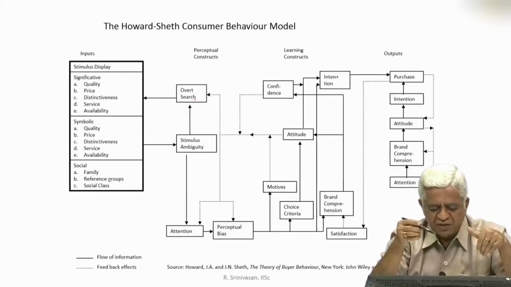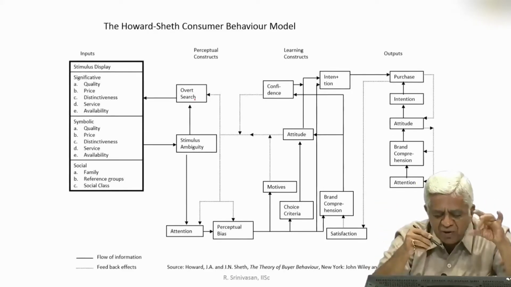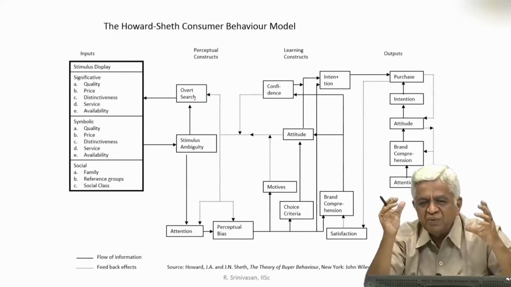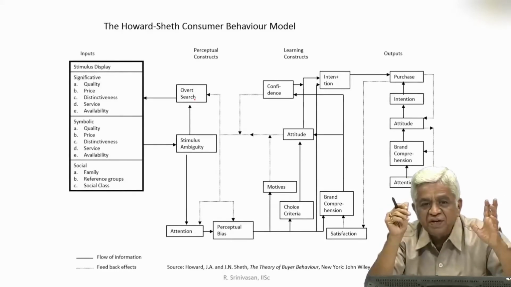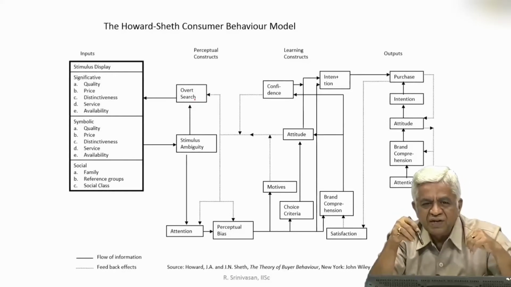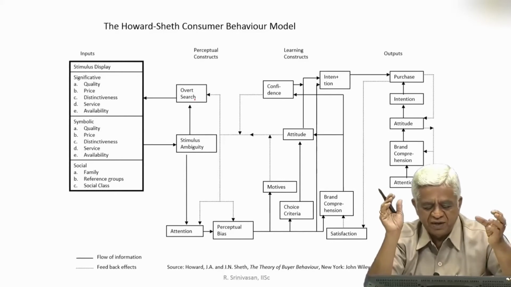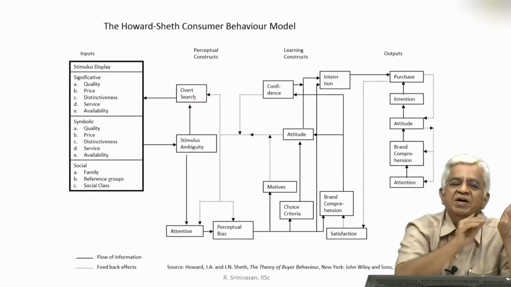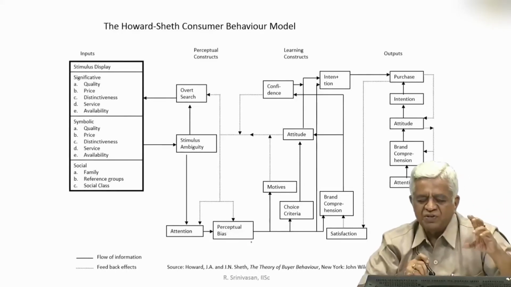Then after that overt search, there may be a stimulus ambiguity which might step in. He may find many companies exhibiting the same type of products which he may be interested in. All these products may catch his attention, and towards a particular company's product he may develop more attention, or he may be biased towards that company. So that is the perceptual bias which steps in.